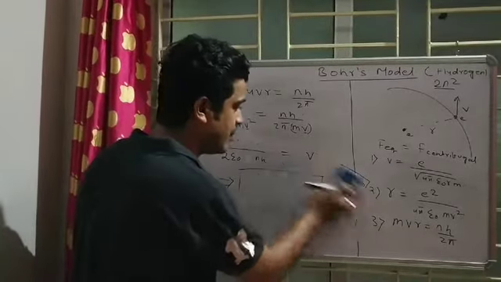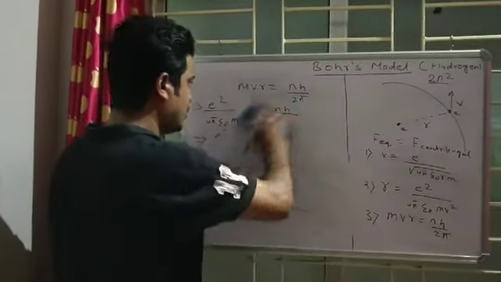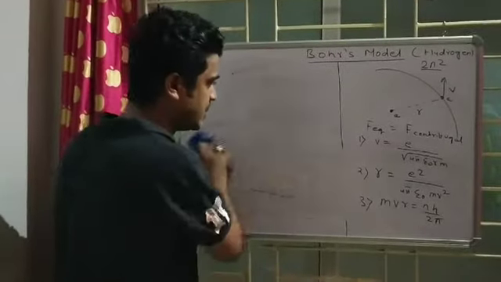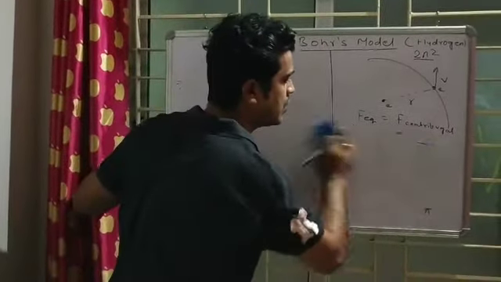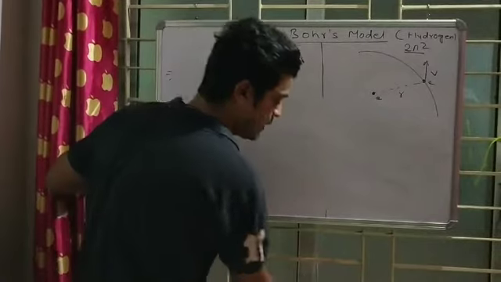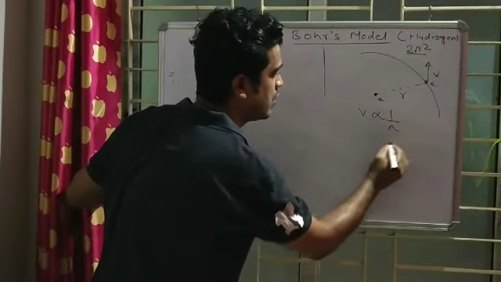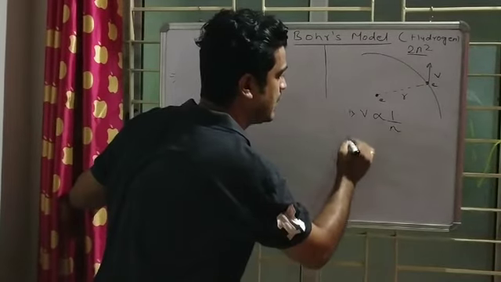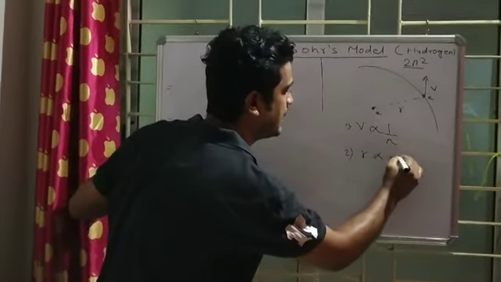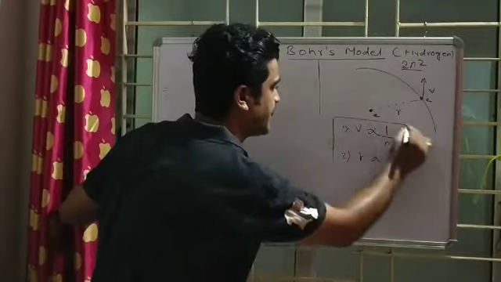And I also got two conclusions. What two conclusions? The velocity depends inversely on n, the orbit number, and the radius depends directly on the square of n.